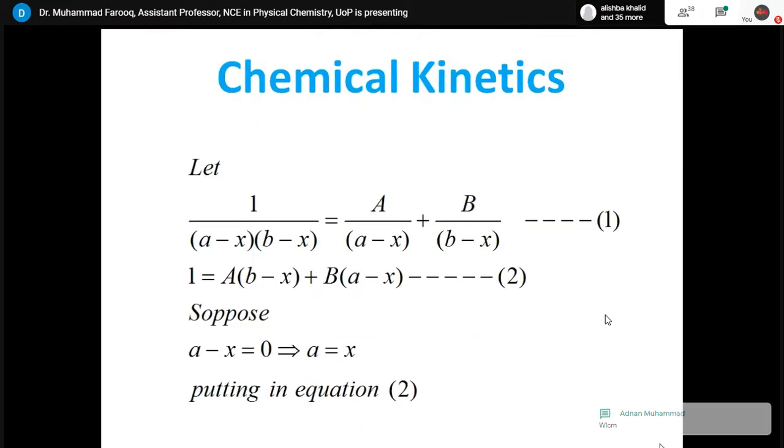Suppose 1 over (A minus X)(B minus X) is equal to, separated, A divided by (A minus X) plus B divided by (B minus X). Suppose 1 over (A minus X) into (B minus X) is equal to A divided by (A minus X) plus B divided by (B minus X). This is clear?